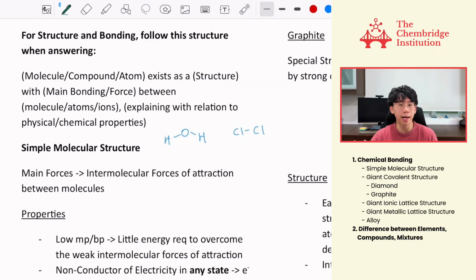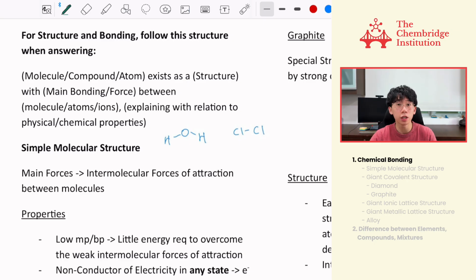We have to understand the different structures and bonding of our different kinds of compounds or elements in order to better appreciate or predict what chemical properties and physical properties each of them can undergo. For structure and bonding, it is actually very simple.